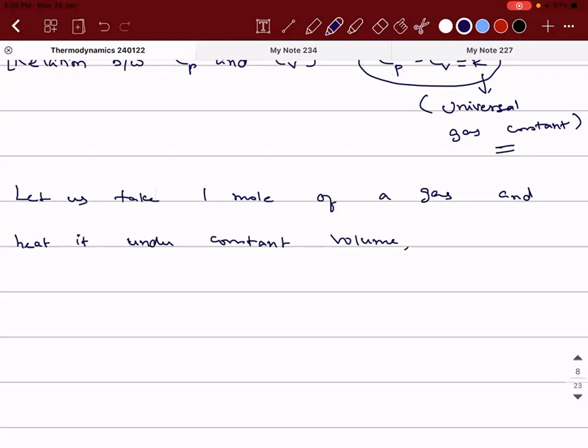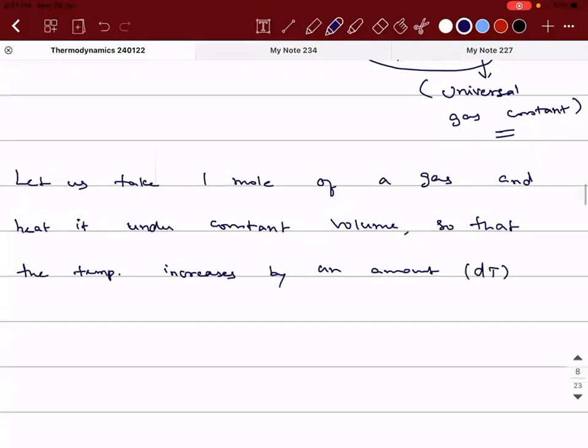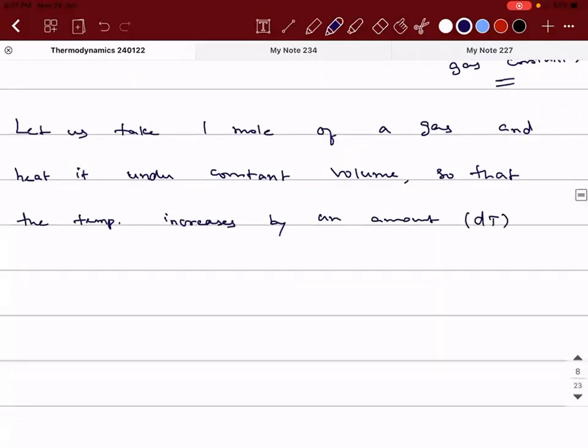I'm clear with the fact that its temperature is going to change, so that the temperature increases by an amount dT, capital T. This is the first step.